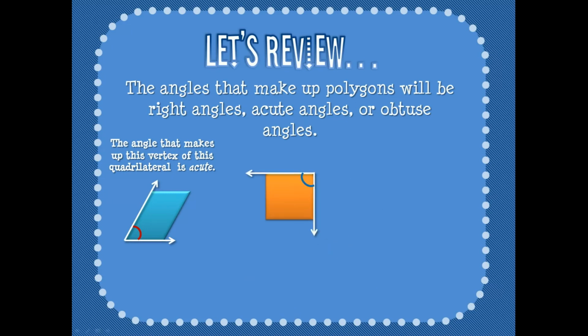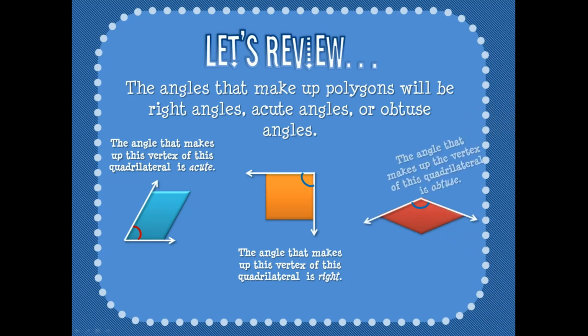Look here, the angle that makes up this vertex of the quadrilateral is a right angle, that is 90 degrees. Look at this. The angle that makes up the vertex of this quadrilateral is an obtuse angle. That means it is more than 90 and less than 180. In this way, quadrilaterals have angles.